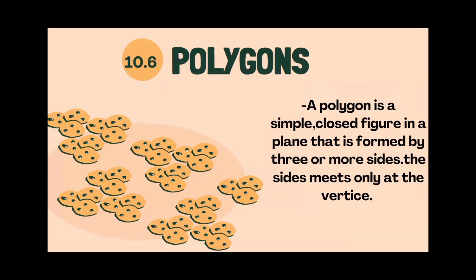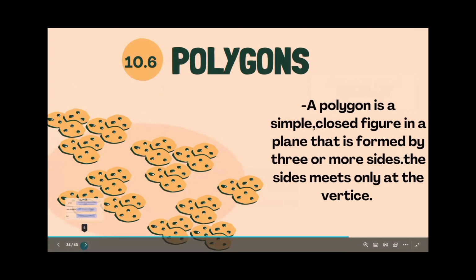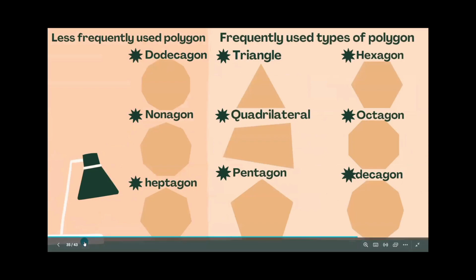Polygon. A polygon is a simple closed figure in a plane that is formed by 3 or more sides. The sides meet only at the vertices. Here are examples of less frequently used polygons and frequently used types of polygons.